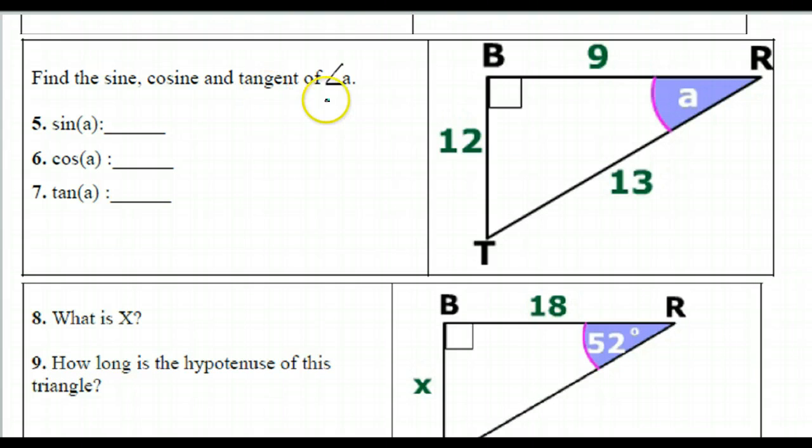Find the sine, cosine, and tangent of angle A, this shaded angle up here. Let's start with the sine. Of course the sine is the opposite leg over the hypotenuse. So from the perspective of angle A, there's my opposite, and here is my hypotenuse, so 12 over 13.